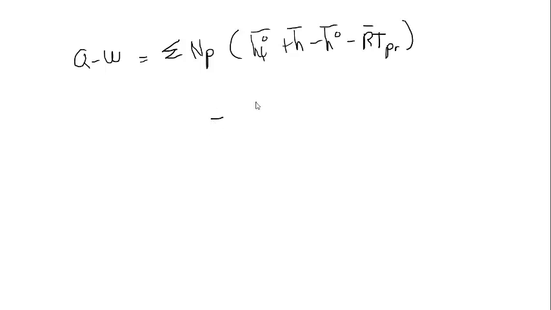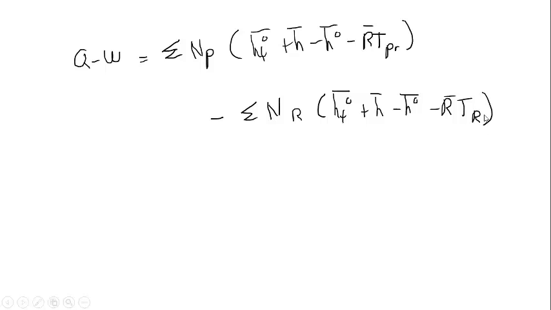And then I subtract from there the same thing for the reactants. All right? Again, all these enthalpies of formation are in table A26. I believe it's A26. Yeah, table A26.